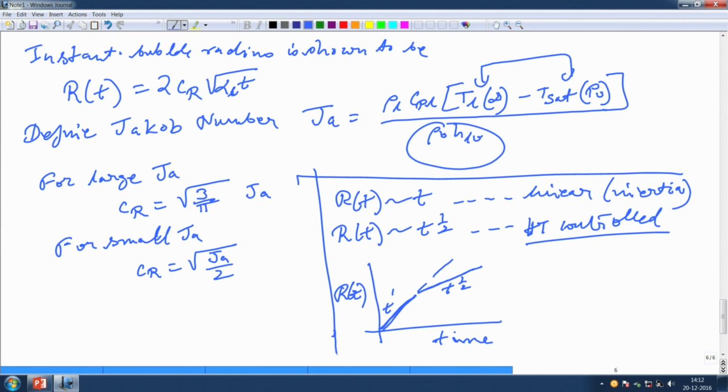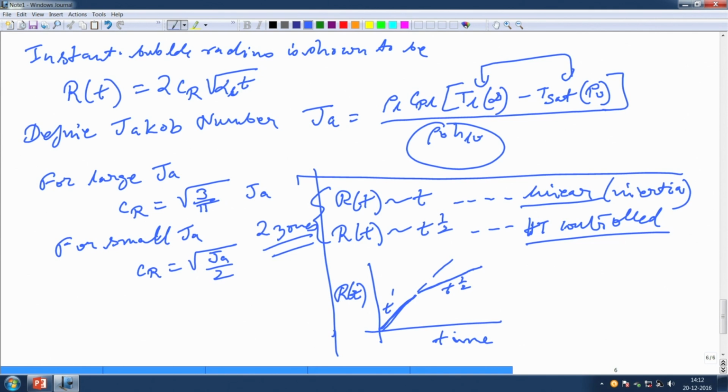Got it. So, there are two zones, one is linear, one is heat transfer controlled. So, this clearly establishes that based on two mechanisms, one is the inertia and one is the heat transfer controlled, we can define and show what is exactly happening to the whole process.